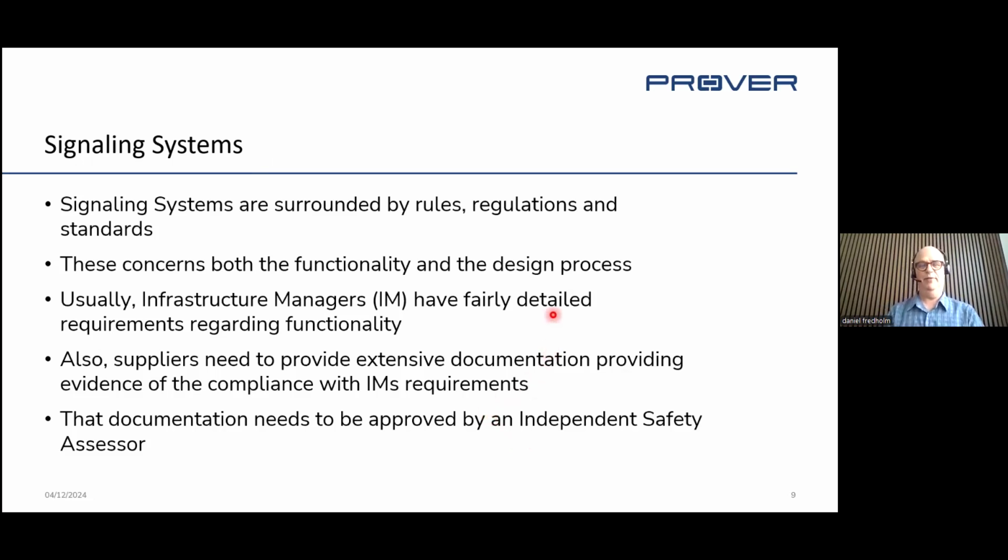So that's the technical thing about signaling systems. And if we look at the application of it, not just the technicalities, but how it's supposed to be done, when it comes to who's buying them, who's providing them, what's the surrounding context there, then not very surprisingly, signaling systems are surrounded by rules, regulations, and standards, since they are safety critical systems, and they do exist in order to protect and save lives.